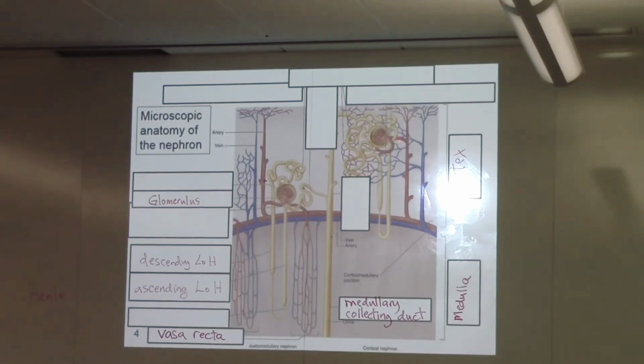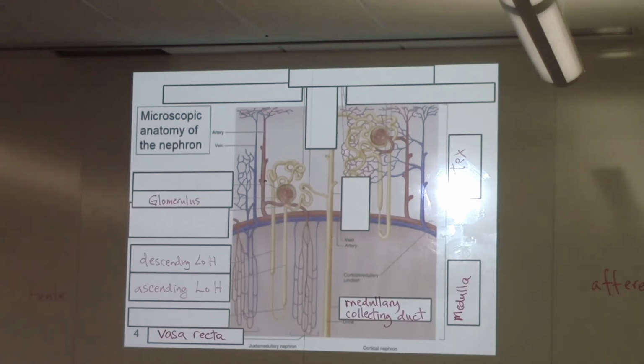Here's one, this one here, which is this box here, is the afferent arteriole.